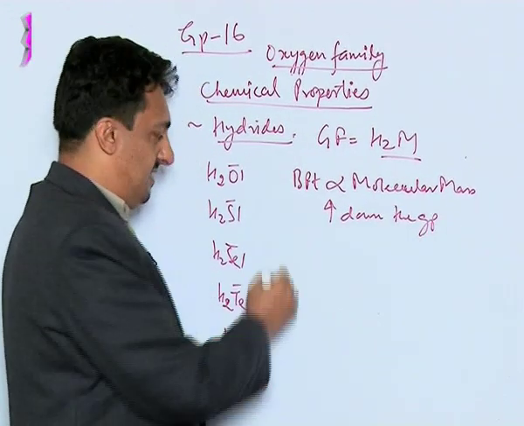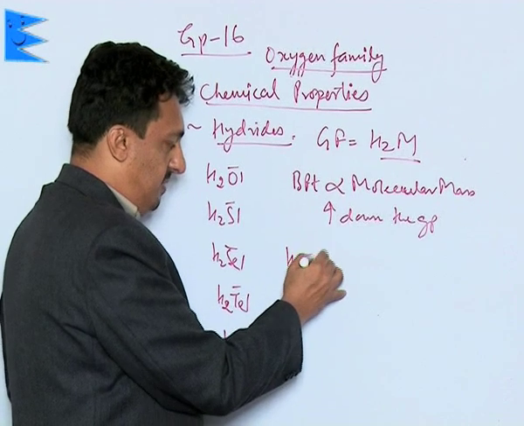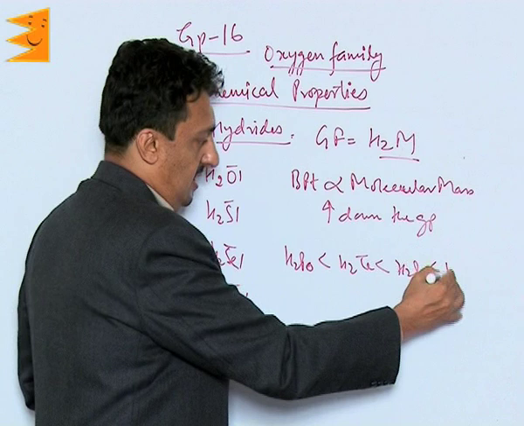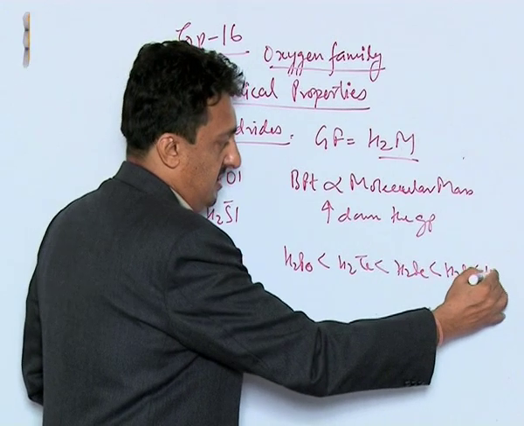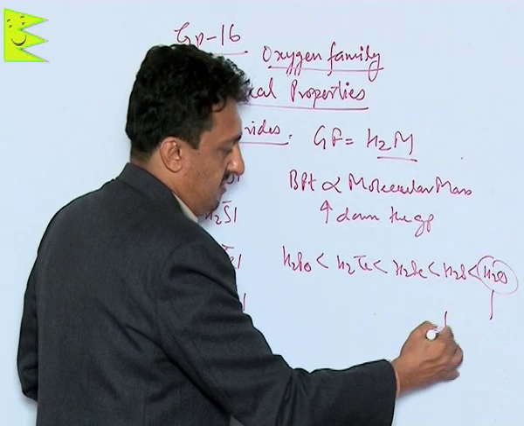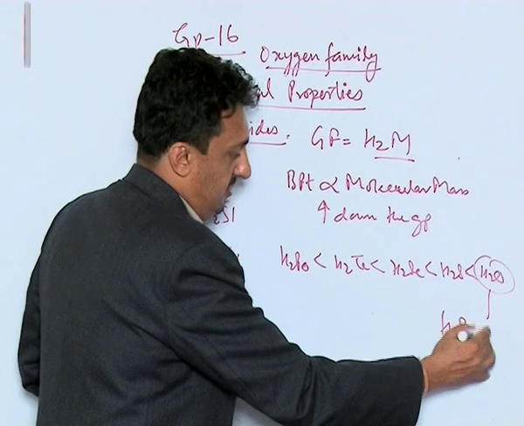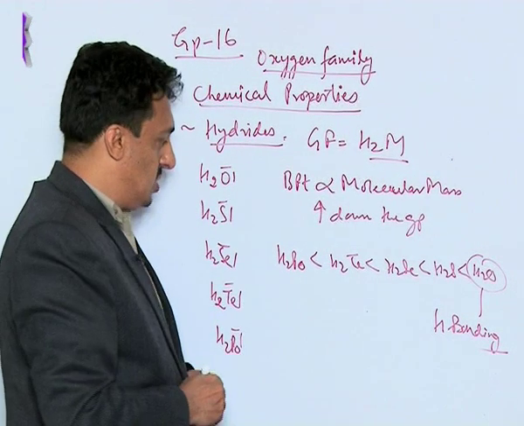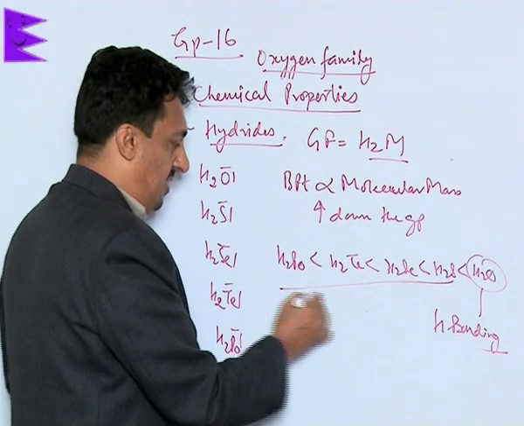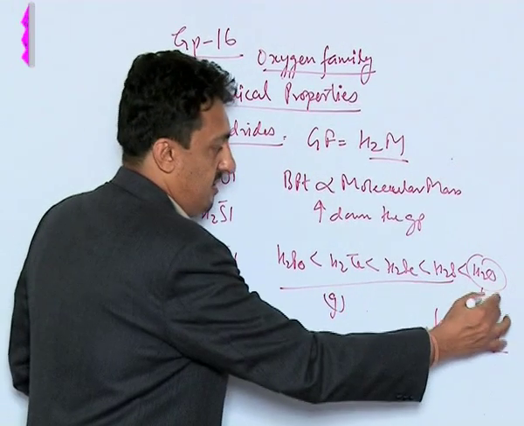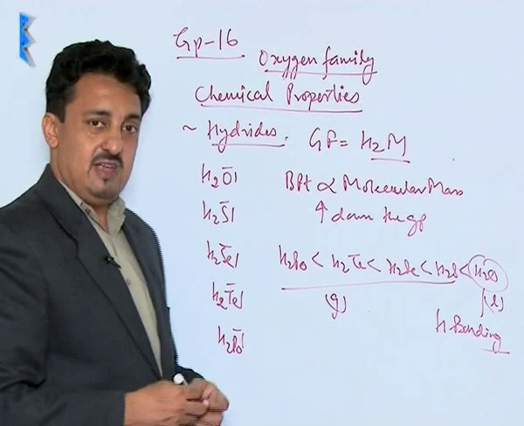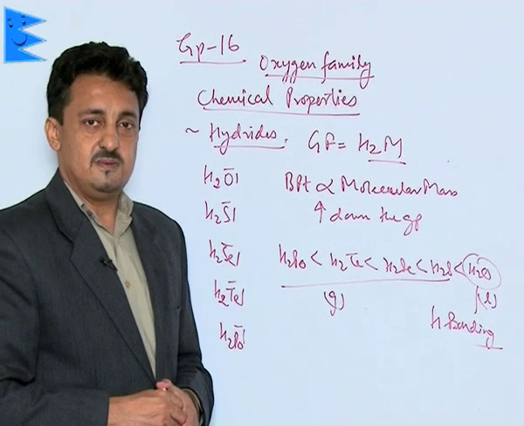But water is the exception among H2Po, H2Te, H2Se, H2S, because of hydrogen bonding. That is why all of these are gases and water is the only one which is present as a liquid. So these are the hydrides of group 16.